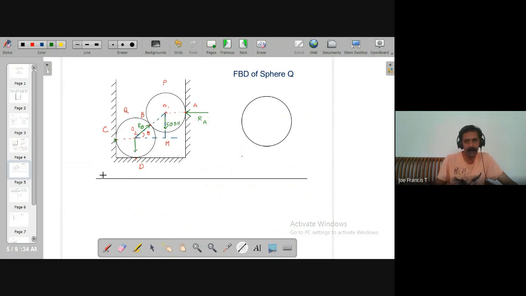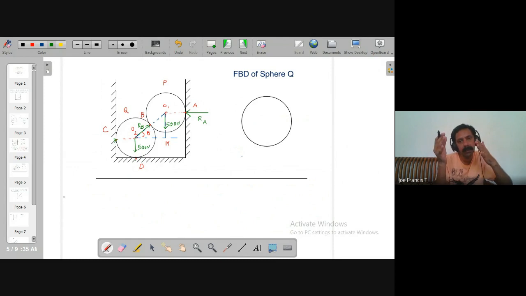Weight acting down, one force. Weight is 500 Newton. So I just mark it as 500 Newton. That is one force. Now there are various reactions acting on the sphere. As far as sphere Q is concerned, sphere P is a support.